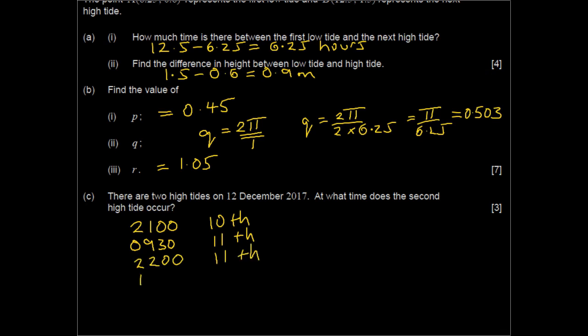We can then add 12.5 hours on again, which takes us to 10:30 on the 12th, which would be the first one on the 12th, and then finally add on another 12.5 hours, which would take us to 2300 on the 12th, and that would be the time for the second high tide to occur. 2300 hours on the 12th.